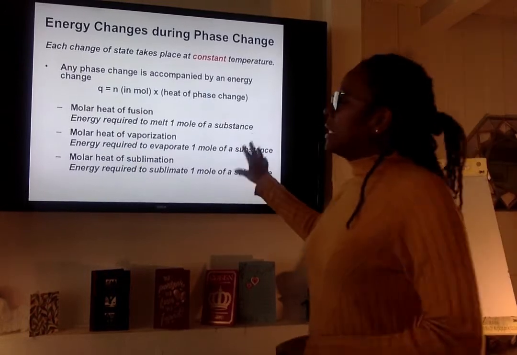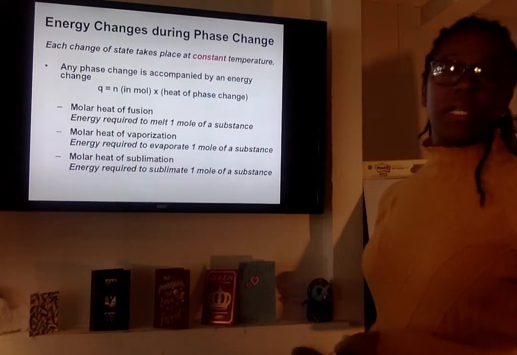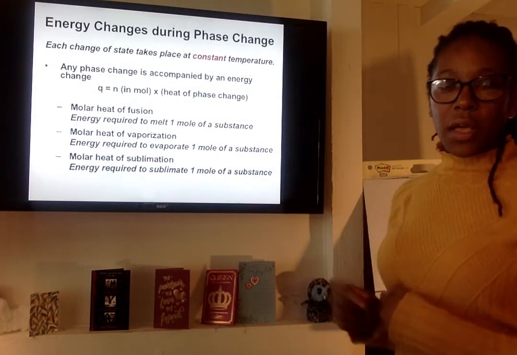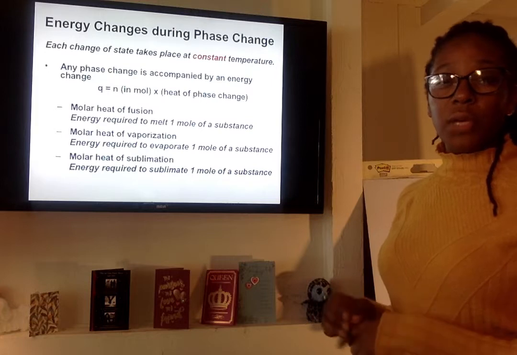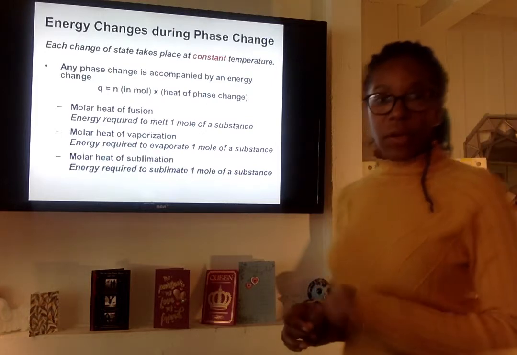This is something you need to know, but we're not necessarily going to be using this equation. Just FYI, we are going to be using the previous equation, Q equals m times C times delta T.